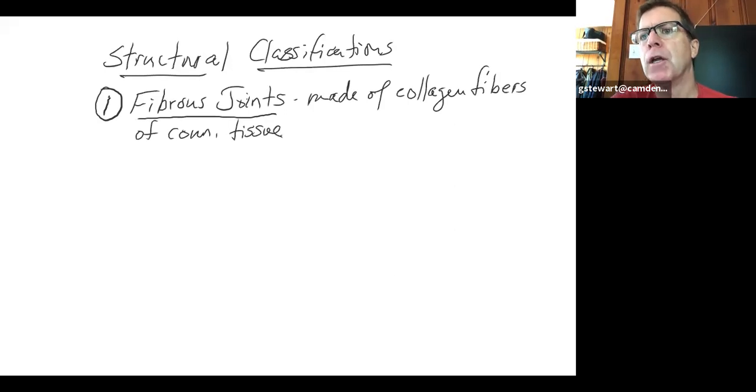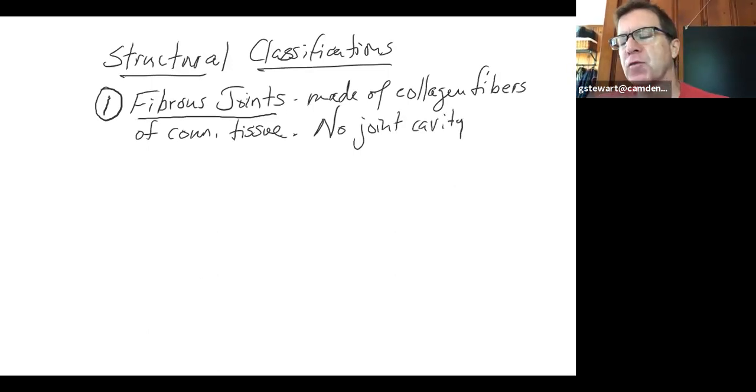There's typically no joint cavity. The space is filled with, if there is much space, totally filled with fibrous connective tissue, dominant in collagen fibers. The length of the connective tissue dictates the degree of movement. Most of these are immovable, but the shorter the connective tissue, the more immovable it becomes.